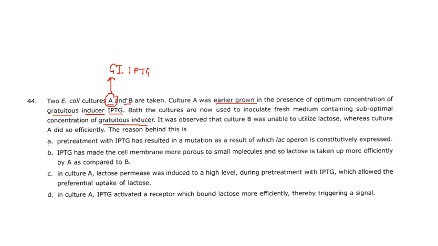Now both the cultures A and B are used to inoculate fresh medium containing suboptimal concentration of gratuitous inducer. So this is a fresh medium and it already has suboptimal concentration of gratuitous inducer.